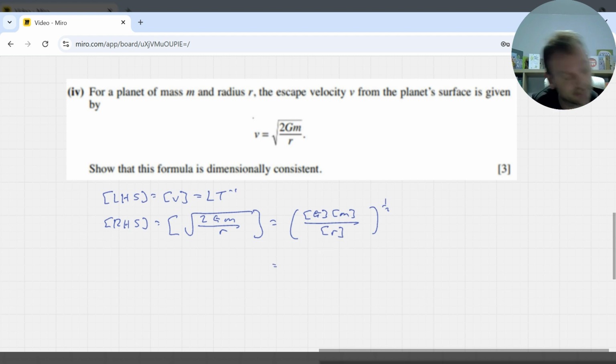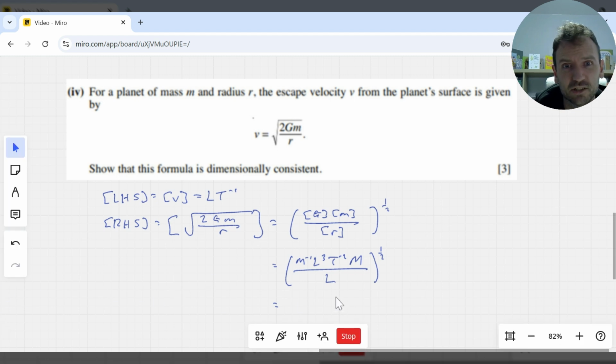Well, we know our dimensions of G from before was M to the minus 1, L cubed, T to the minus 2. We know our dimensions of M are just M because it's a mass, and our dimension of R is a length. So we've got this to the half. Again, it's a show, so I'm going to be as careful as I can.